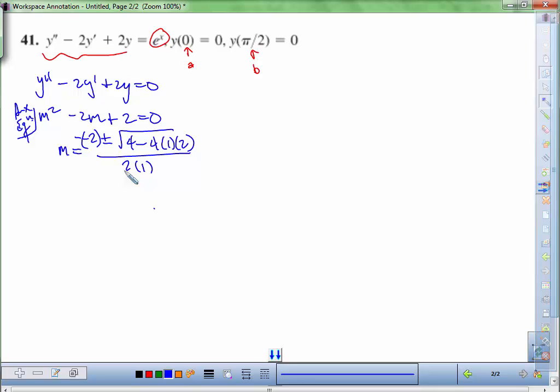So we have 1 plus or minus 2i over 2. So we have complex conjugates for our roots, and I hope you're comfortable enough to say, okay, then my y1 and y2 solutions are going to involve e to the x sine x and e to the x cosine x.